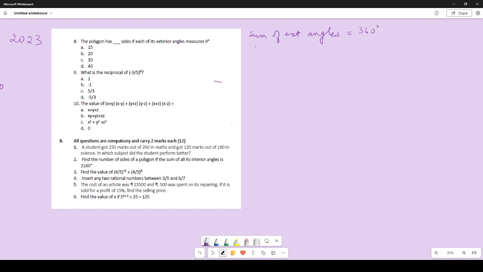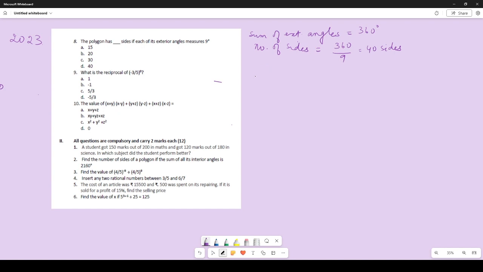So if each angle measures 9 degrees, the number of sides is equal to 360 by 9, that makes it 40 sides. Sorry, I said the number of angles, but this will be the number of sides. I tend to get carried away a bit at times.